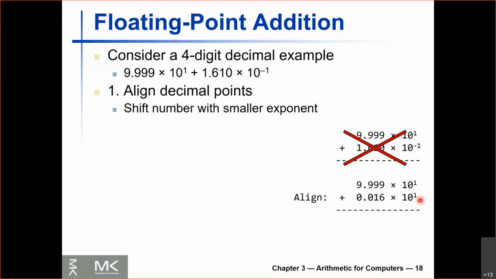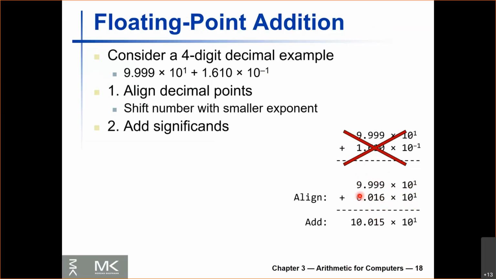So now I can add because they have the same exponent. I'm going to add these two numbers just like I would add an integer. Okay, and the sum is going to have the same exponent. So 9 plus 6 is 15, so I'm going to put a 5 down here and a 1 up here. 9 plus 1 plus 1 is 11, so I'm going to have a 1 down here and a 1 up here. 9 plus 1 is 10, so I have 0 and 1.